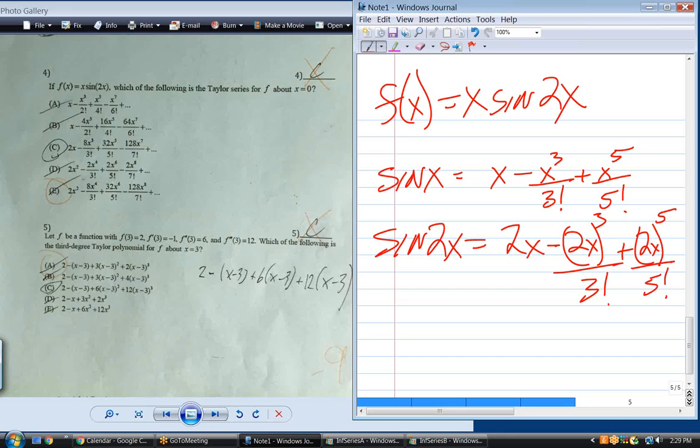So now, what is this whole thing multiplied by x?